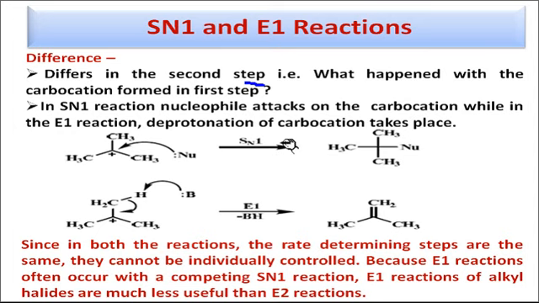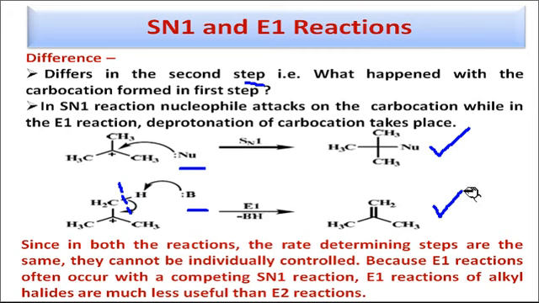In the SN1 reaction, the second step is the addition of the nucleophile to the carbocation, resulting in the formation of the substituted product. While in case of the E1 reaction, elimination of the beta hydrogen takes place from the carbocation, resulting in the formation of the alkene.